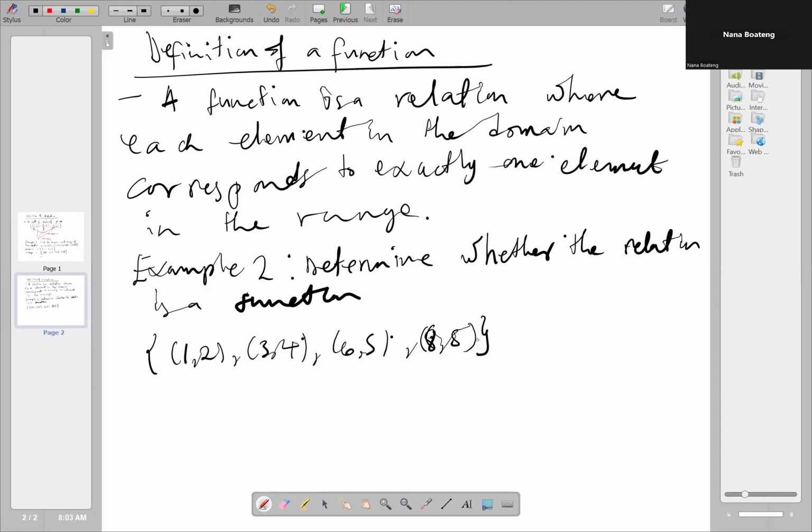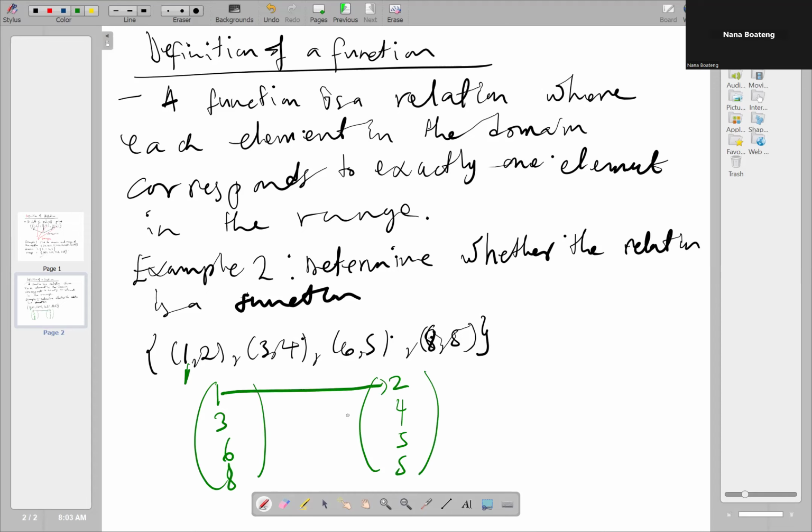All right, so if we look at this, each element in the domain maps onto exactly one element in the range.